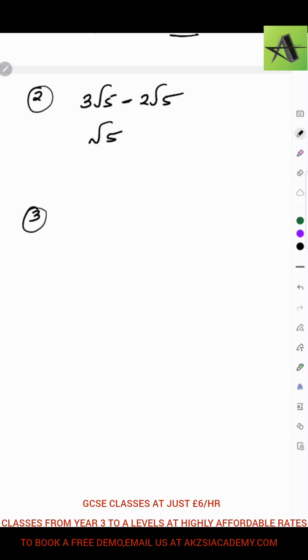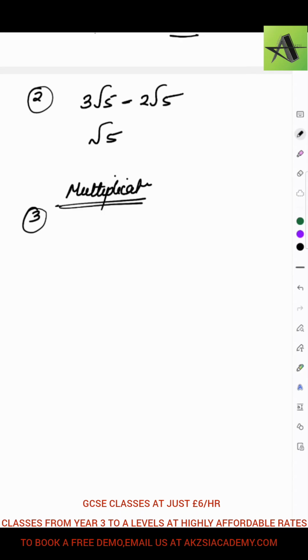Third one deals with the multiplication. In your syllabus, it's only the square root, not the cube root or the higher root. So we are sticking to the square roots only.